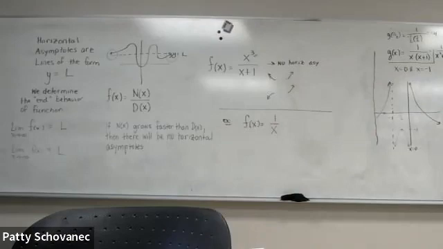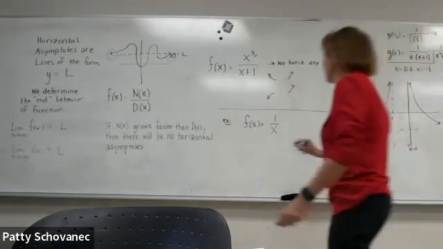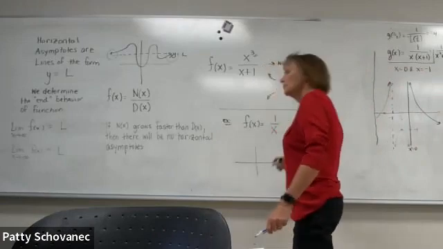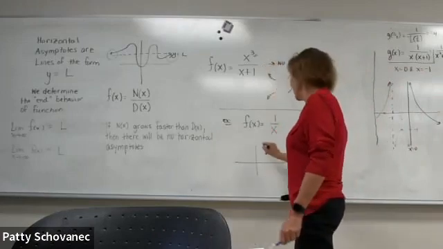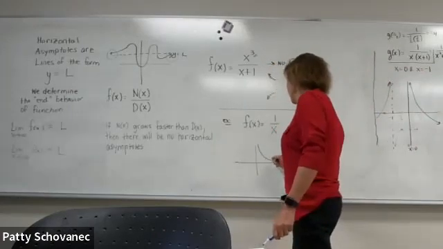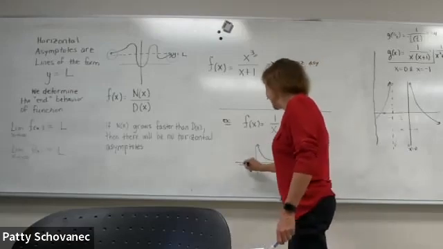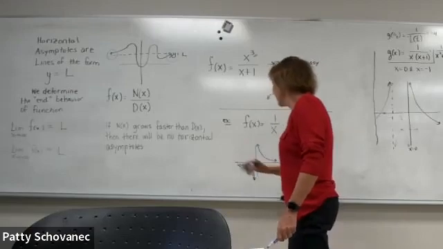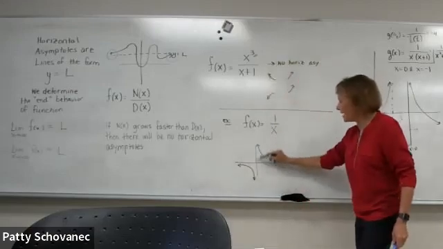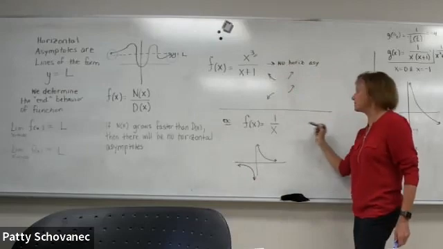What's it look like? It goes like that. Is that what you described? Yeah. And then like that over there. Negative over there, right? So the vertical asymptote we knew was going to be at x is equal to 0.